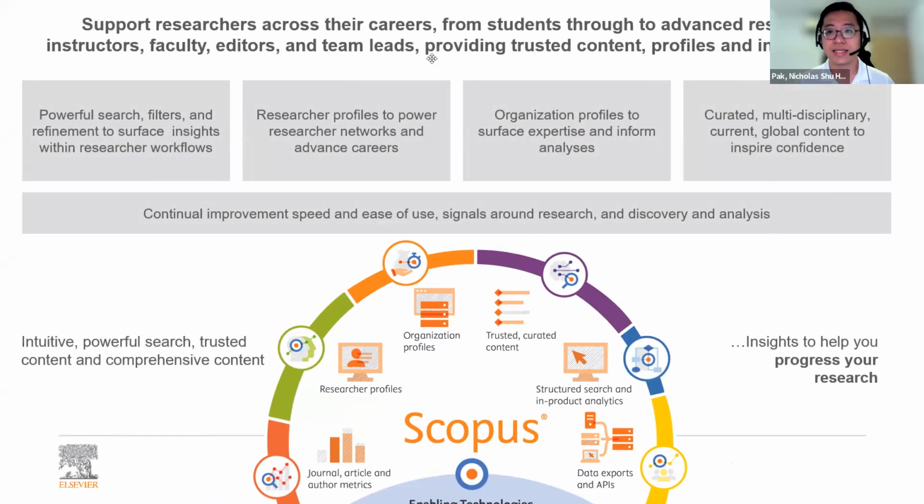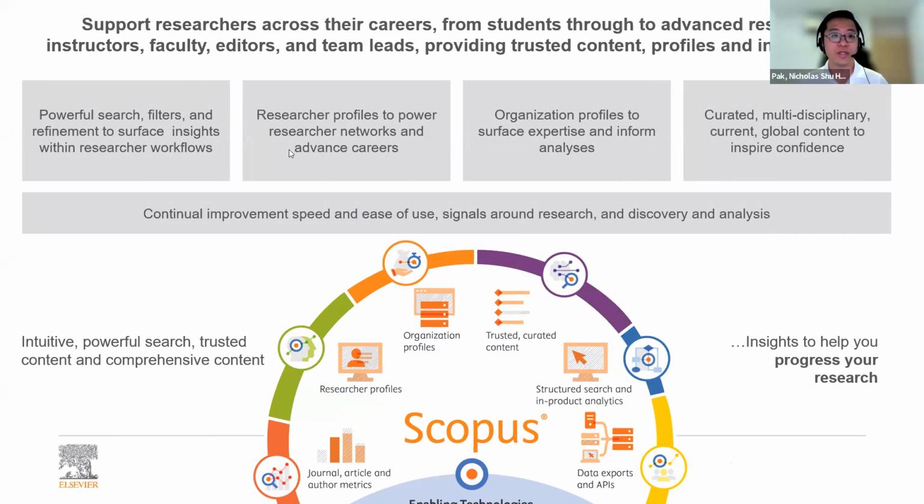So what this does is that we are able to support researchers across their careers, from students through to advanced researchers, instructors, faculty members, editors, and team leads, where we're able to showcase trusted content, profiles, and intuitive access.